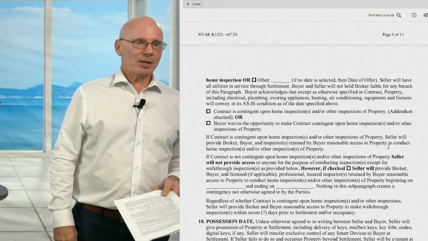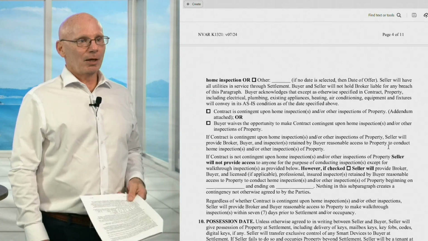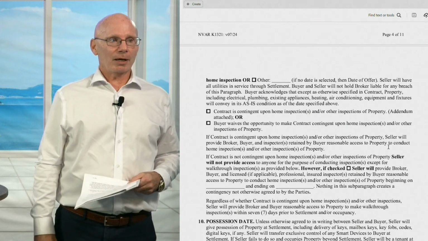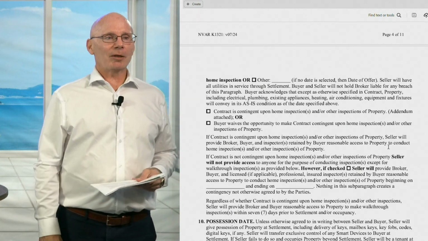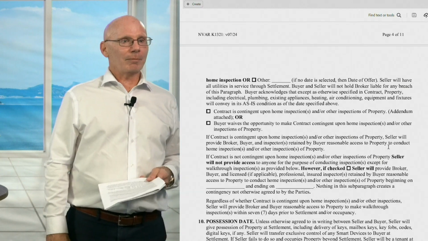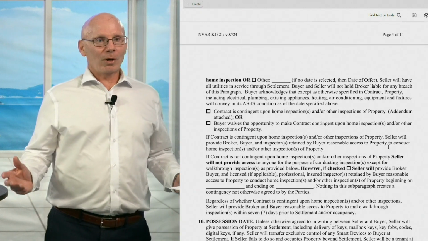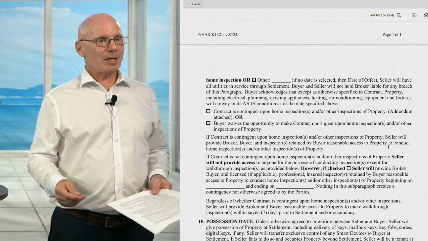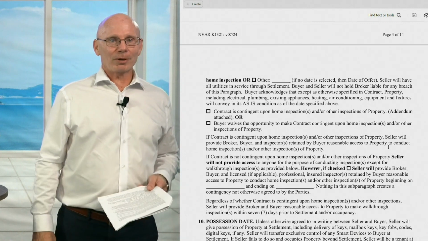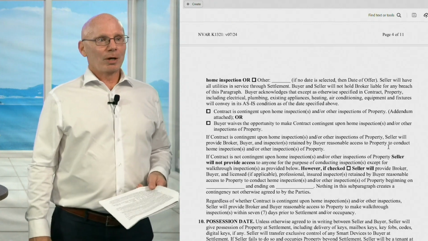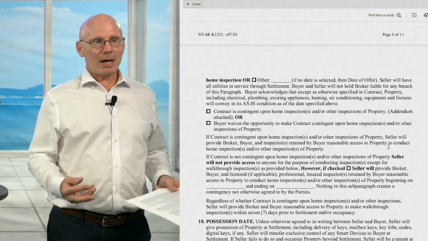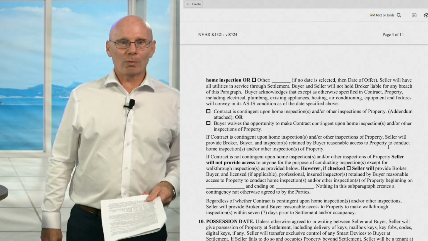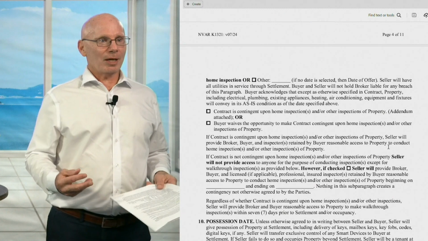I come back to you and I say, hey, my seller's moving out on the 10th. We would prefer that you do it on a different day. No, I'm doing it on the 10th. You have to allow me to do it on the 10th because it's within that 7-day period of time. Well, yes, it is within the 7-day period of time, but it still is the seller's property. So work with the seller, work with the buyer, make sure that you guys coordinate in order to do these things, right?